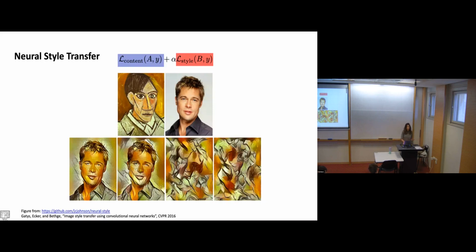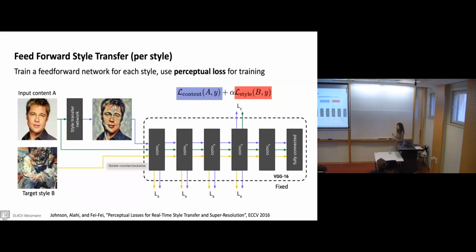So the first attempt to have a feed-forward model that can produce stylization in real time is this work from Stanford that suggested to train a different feed-forward model for each style.